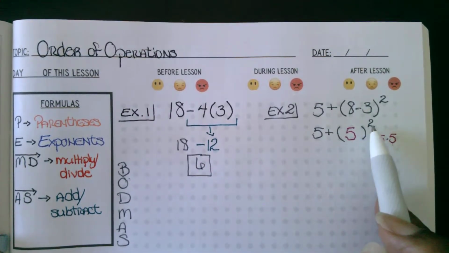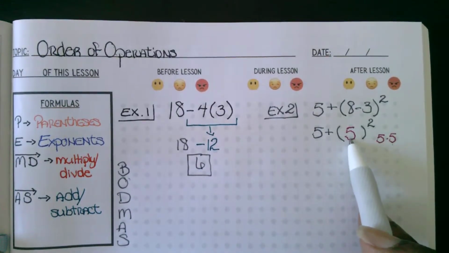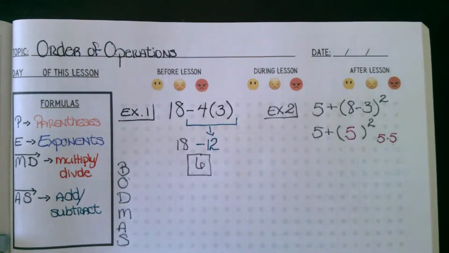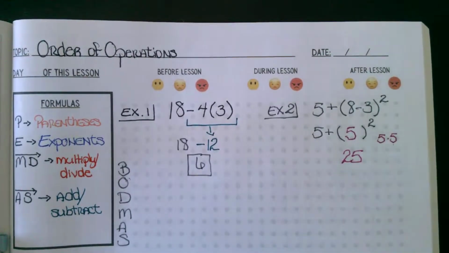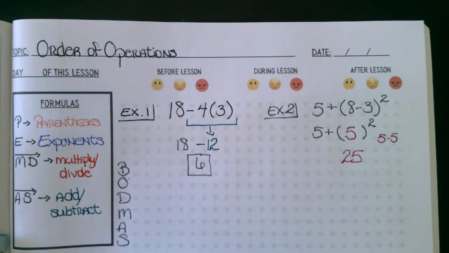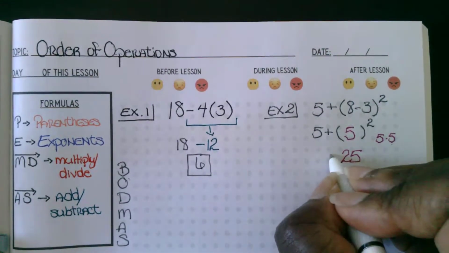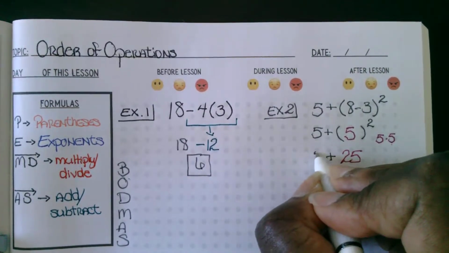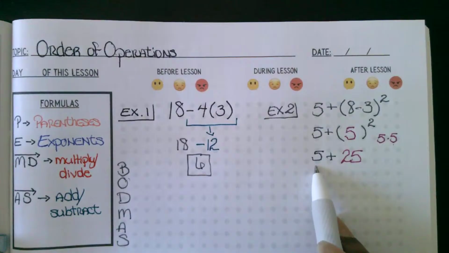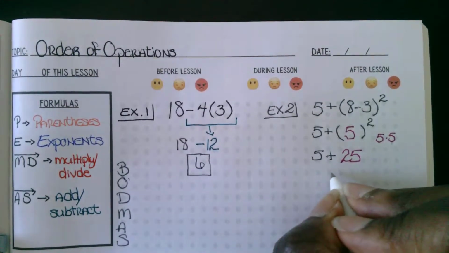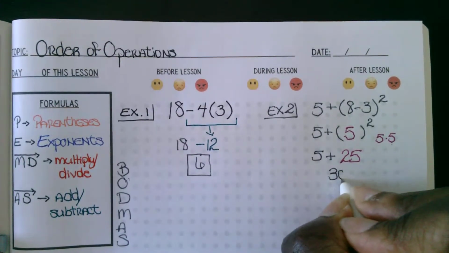So even just with the size difference, this is telling the base how many times you're multiplying itself, which gives me 25. All right? Then we bring down the plus sign, as well as the 5. So now what's left is 5 plus 25, which gives me an answer of 30.